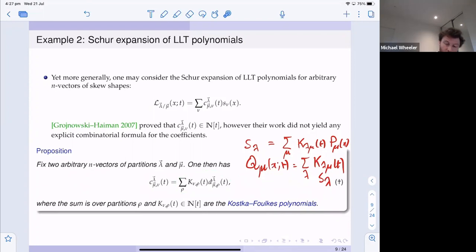The formula is not ideal in the sense that the left-hand side here is positive, this thing here is also positive, but this one can have negative coefficients. So it's not a positive expression, but it is some direct expression. I'll return to this in a couple of slides and give another version of that formula.